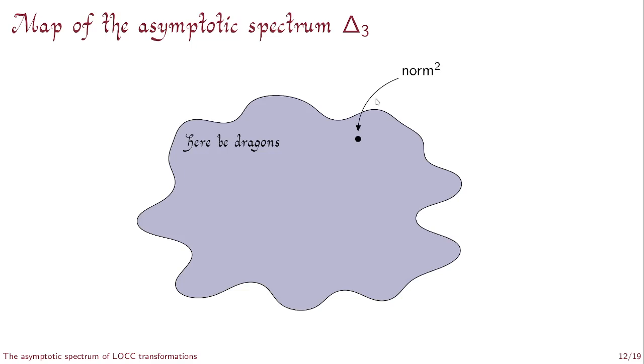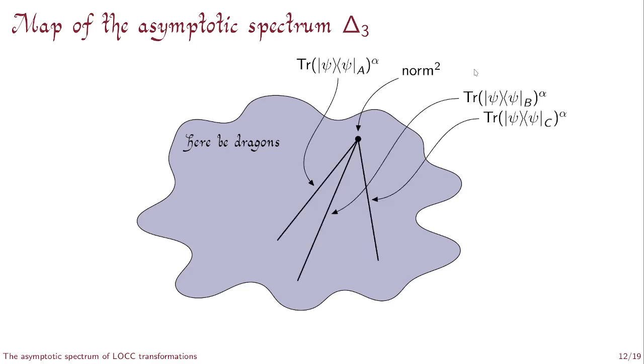But inside it, there is a point which is the norm squared, and these maps that I wrote down are not disjoint sets of maps, so there are small overlaps. Namely, if we take these exponentiated Rényi entropies, then these marginal Rényi entropies will meet at the point alpha equals 1. So that's where they all meet, but otherwise these are disjoint lines in the asymptotic spectrum.